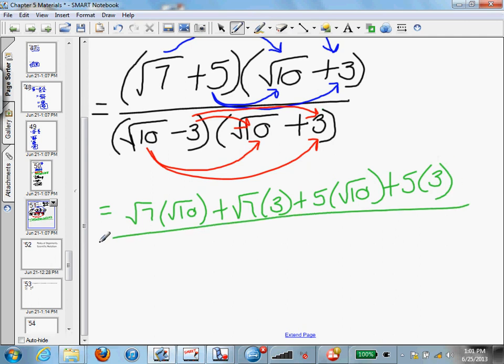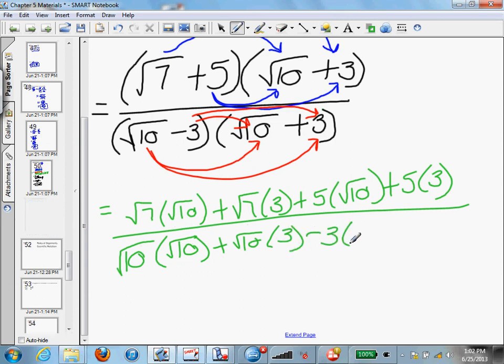It's pretty lengthy, but some stuff may cancel out, especially on the bottom. So let's work with the bottom. Square root of 10 times the square root of 10 plus the square root of 10 times 3. Okay, that's going to be minus 3 times square root of 10 minus 3 times 3.